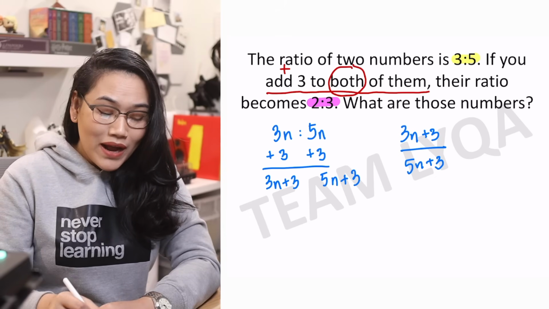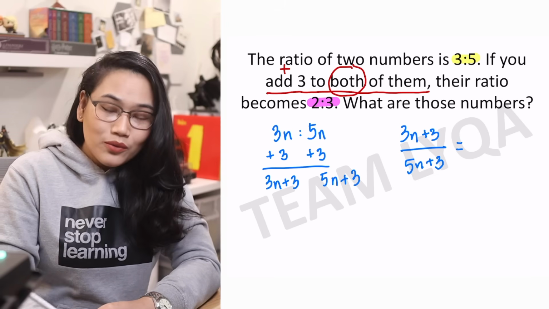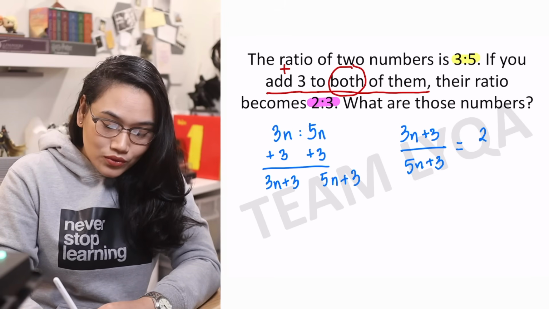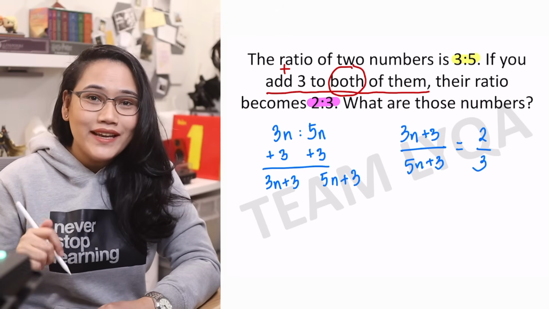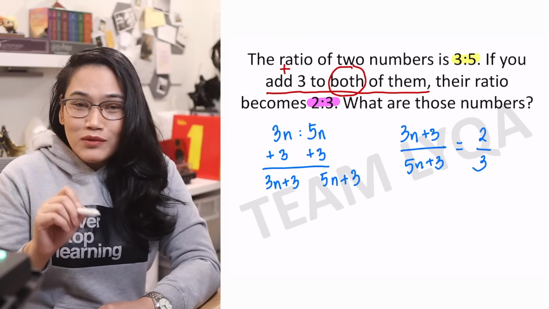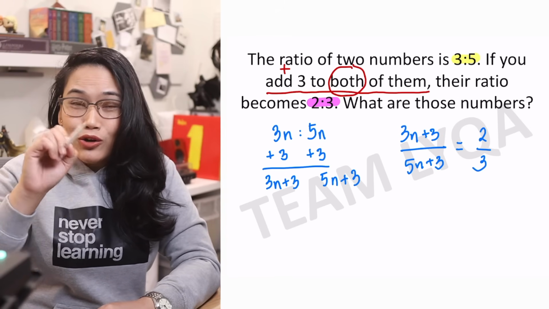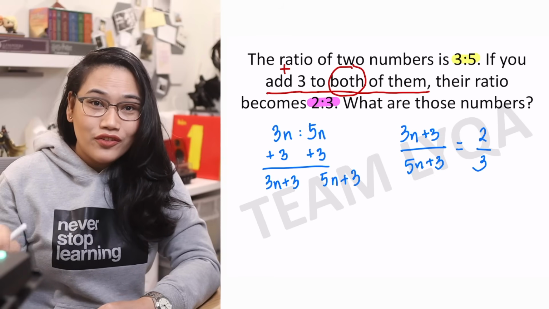Tapos, ang sabi, dahil ang bagong ratio nila ay magiging 2:3, pwede kong gawing equivalent yan sa 2/3. Kasi kahit ano pang number combination yan, kung ang ratio nila ay 2:3, pag sinolve mo yan sa equal 2:3, dapat malo-lowest terms mo siya or magiging equivalent siya sa 2/3.